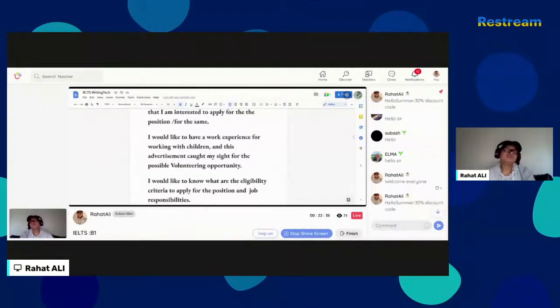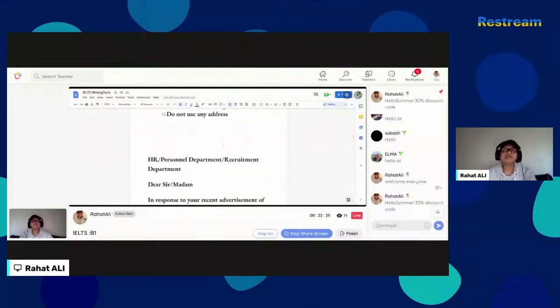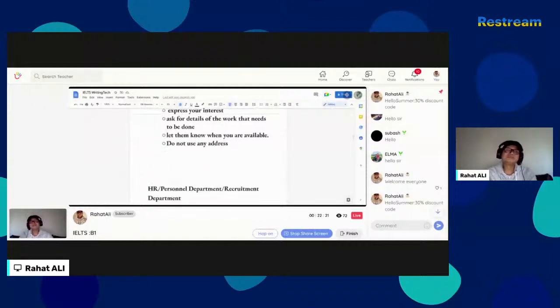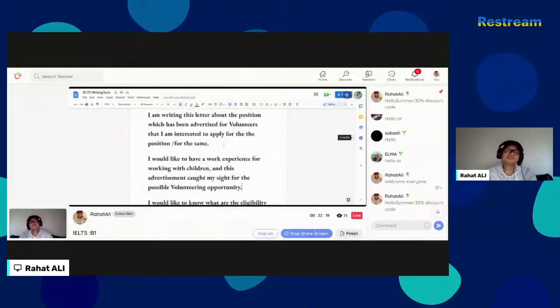So now we have to state the eligibility criteria and the job responsibilities. It is said there, ask for details that need to be done. First bullet part.